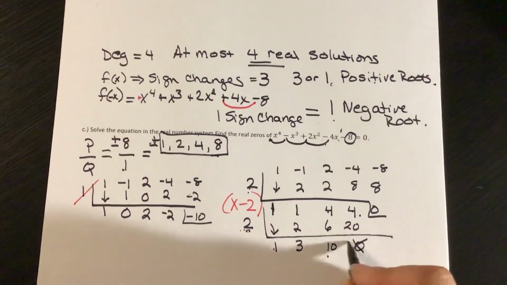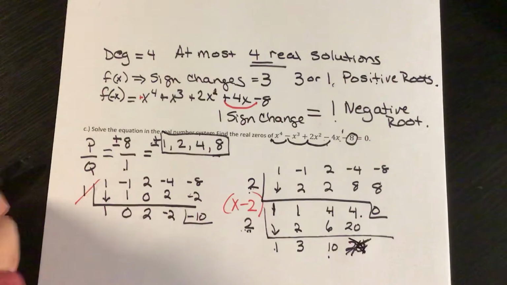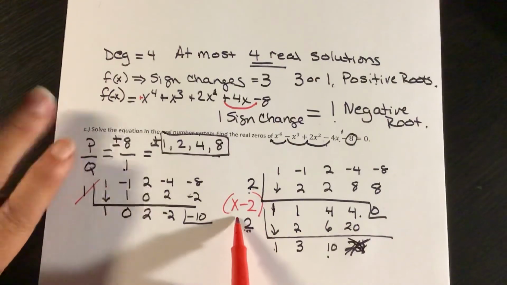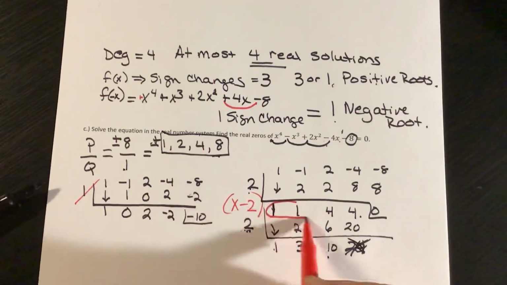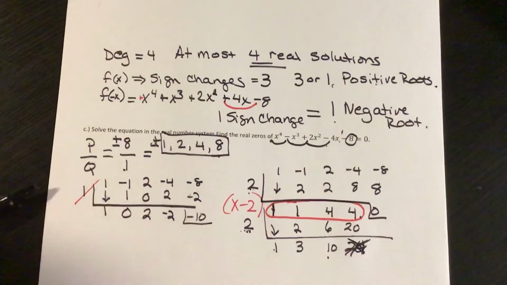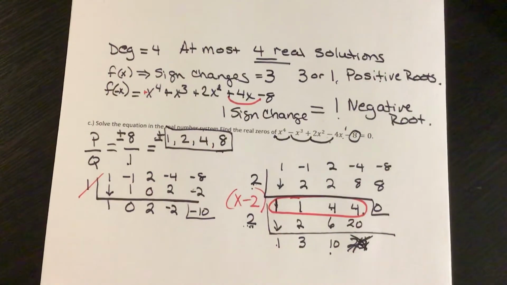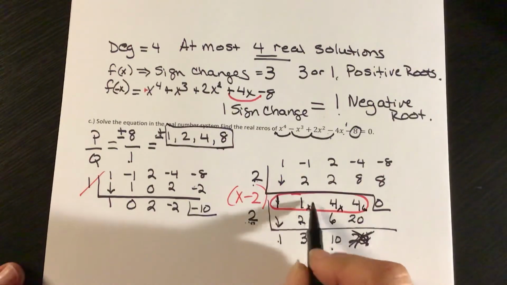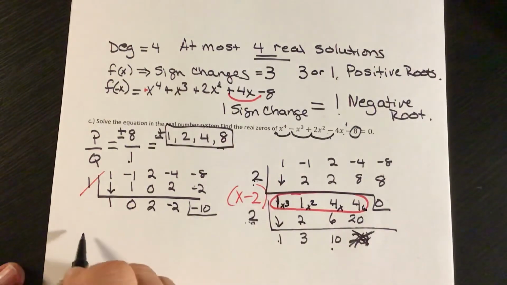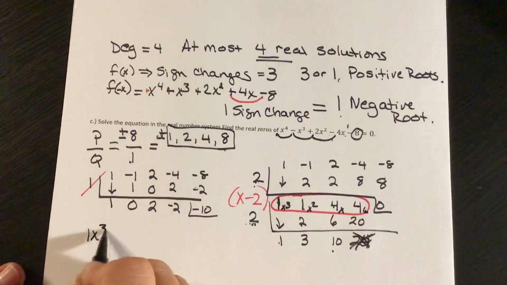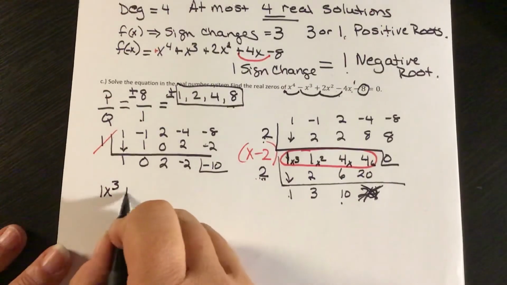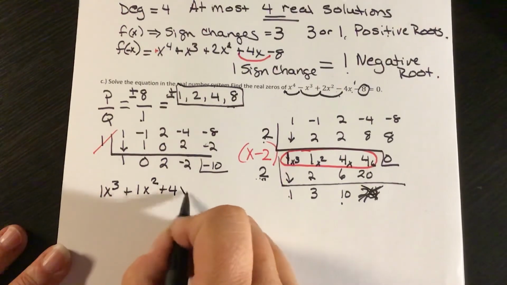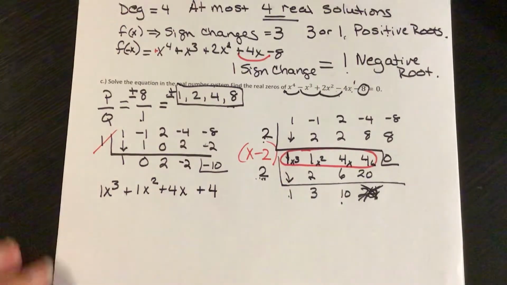That would be 24, which doesn't work. So I still know I have a factor of x minus 2, and these would be the new coefficients. So I have 1x to the third plus 1x squared plus 4x plus 4.